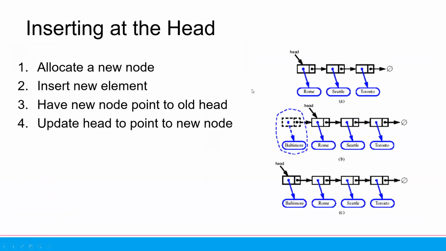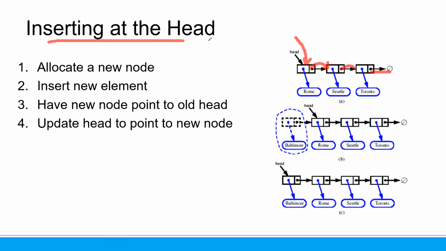When I have this kind of travel plan, I can say that the first is the head. Then Rome is connected to the next node, which has the element Seattle, and Seattle is connected to another node, which is Toronto. And after Toronto, it is empty. Then there will be no other travel plan.